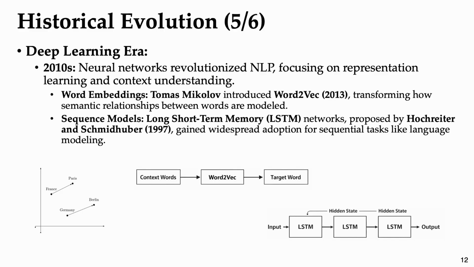Okay. And so from then we had word embeddings. For example, Word2Vec was introduced in 2013, and transformed how semantic relationships between words are modeled. So instead of just having the word as a bunch of characters, now you have some mathematical structure. It's a vector representation that captures a word and carries a lot of nice features for that word.